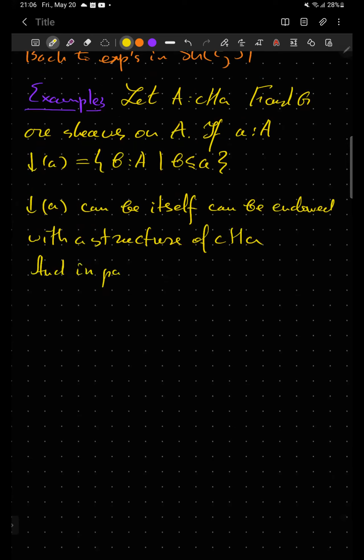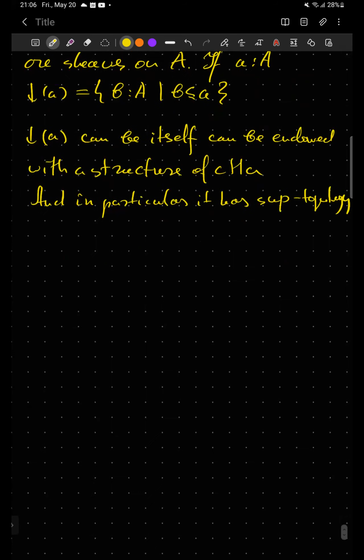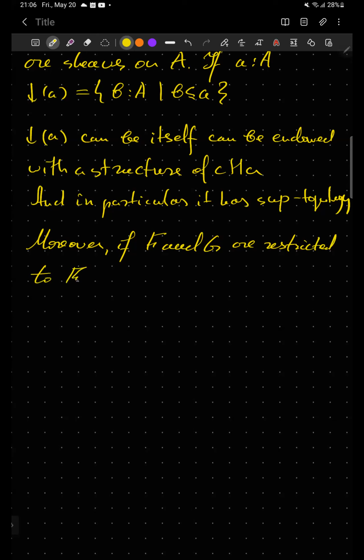And in particular it has a subtopology. Moreover, if F and G are restricted to Fa and Ga on this category, then the exponent is a sheaf on A whose elements are natural transformations of the following form.